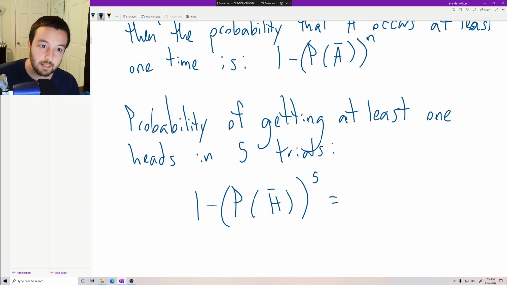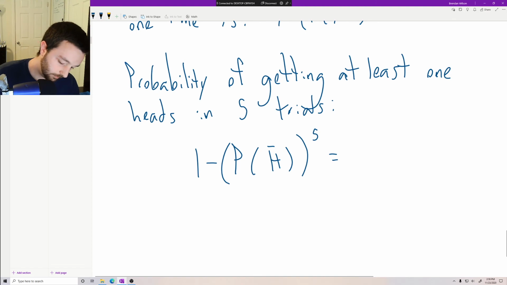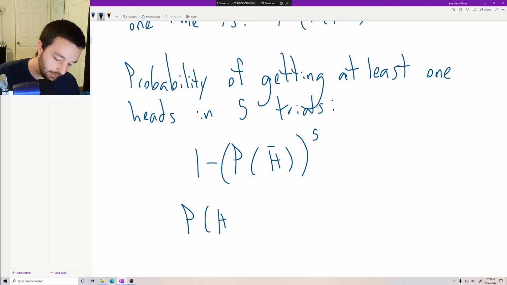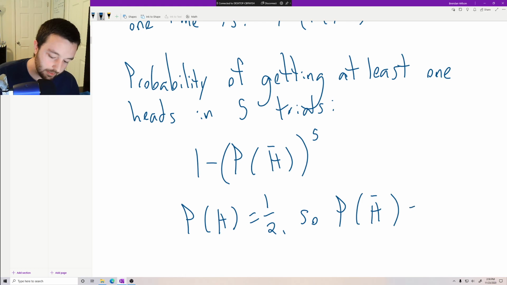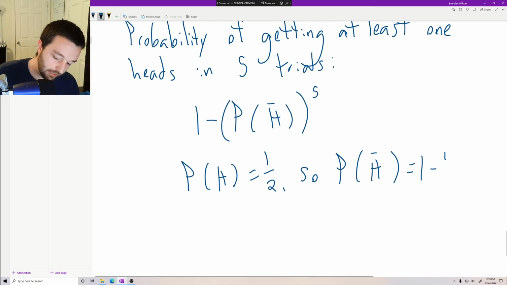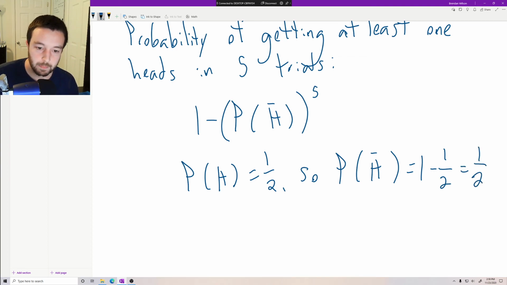The probability of getting heads is 1/2. So the probability of heads complement, which is the probability that you don't get heads, is 1 minus 1/2, which is also 1/2.